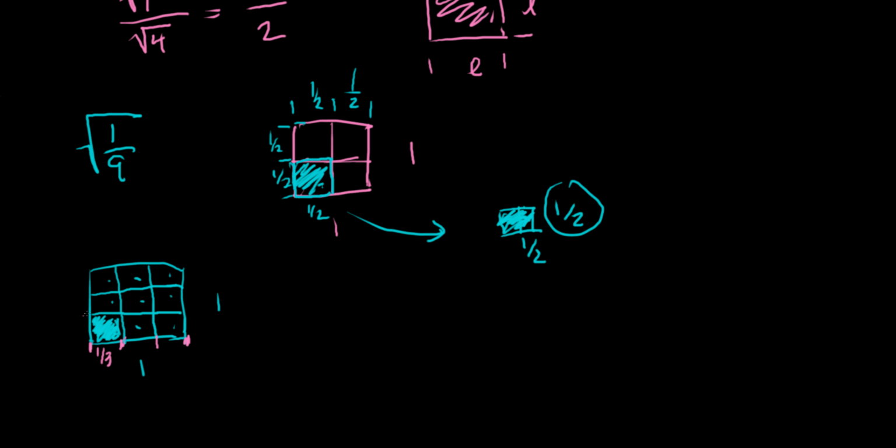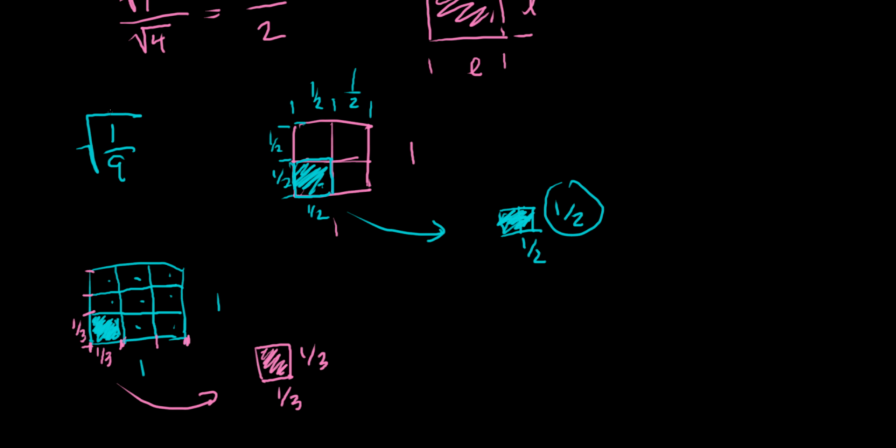And I did it in this direction too, and that is also 1/3. And so I've broken it up and found that the 1 by 1 square that gives you 1/9 is a little 1/3 by 1/3 square. That little square has an area of 1/9 of a 1 by 1 square.